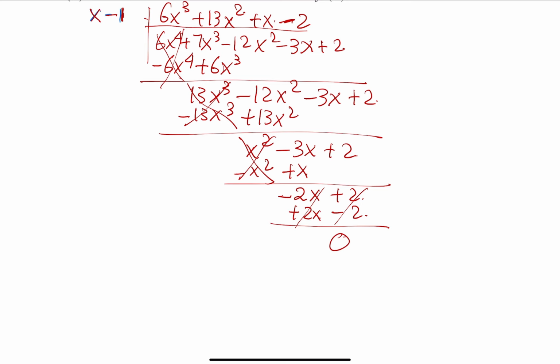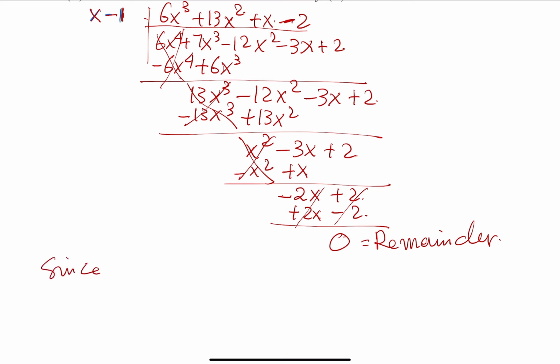Because the remainder equals 0, then x minus 1 is a factor of f. Okay? Here is the remainder, by the way. This one is called the remainder.